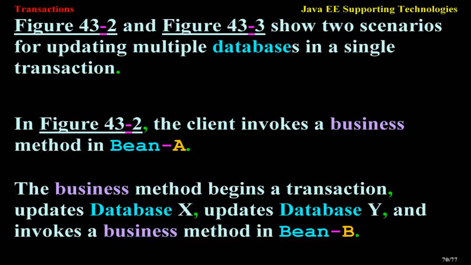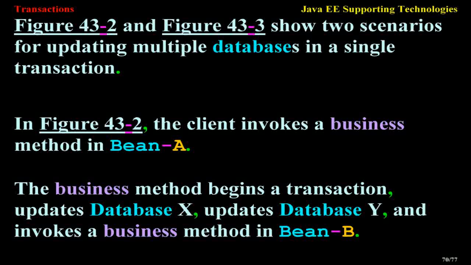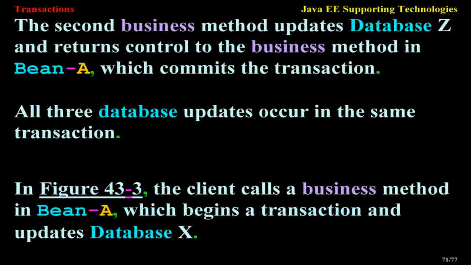In Figure 43-2, the client invokes a business method in bean A. The business method begins a transaction, updates database X, updates database Y, and invokes a business method in bean B. The second business method updates database Z and returns control to the business method in bean A, which commits the transaction. All three database updates occur in the same transaction.